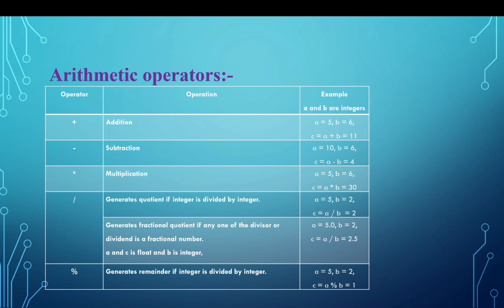If I divide 5 by 2, I will get 2 as quotient and 1 as remainder. So this slash operator gives me quotient, and this percent sign, also called mod operator, gives me remainder. So 5 divided by 2 gives me 2 as quotient, and 1 as remainder.